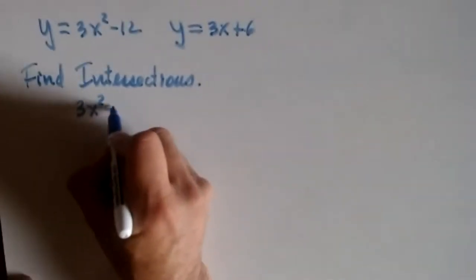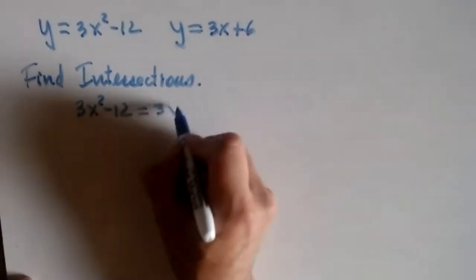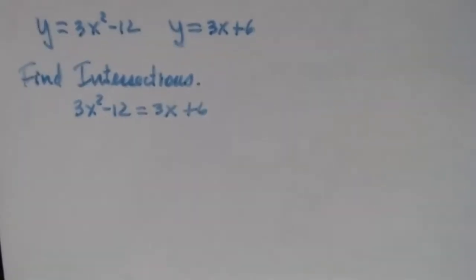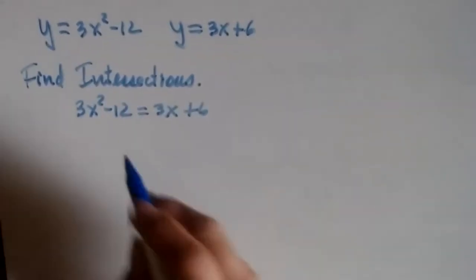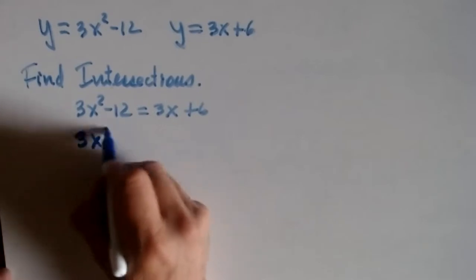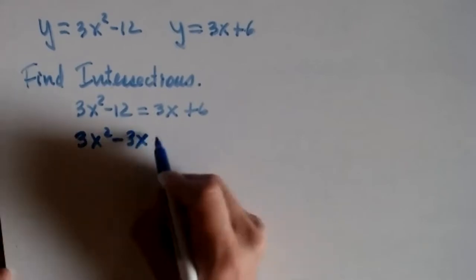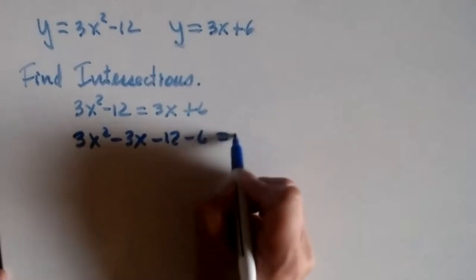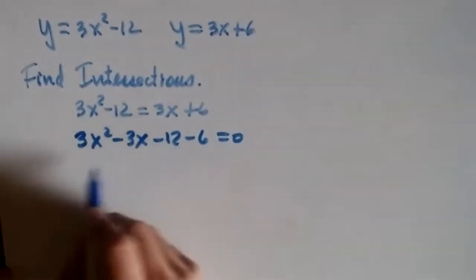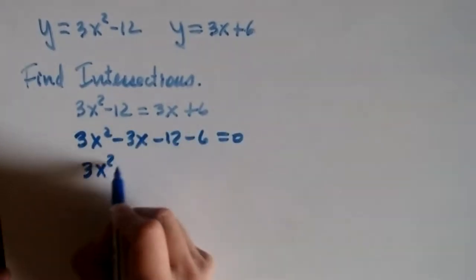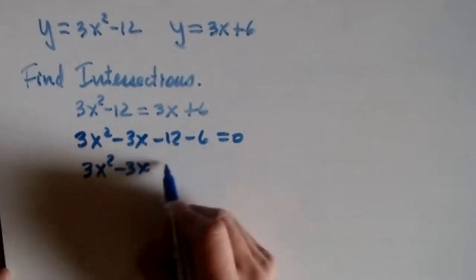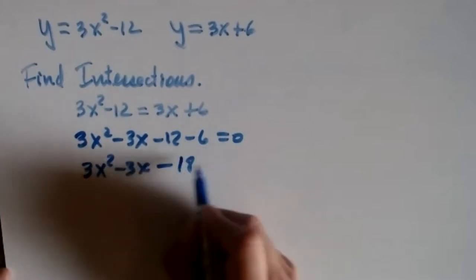So what you have to do, well, 3x squared minus 12 equals 3x plus 6, right? And then you do the algebra to solve this one. This is 3x squared minus 3x minus 12 minus 6 equals 0. Okay, this is 3x squared minus 3x minus 18.